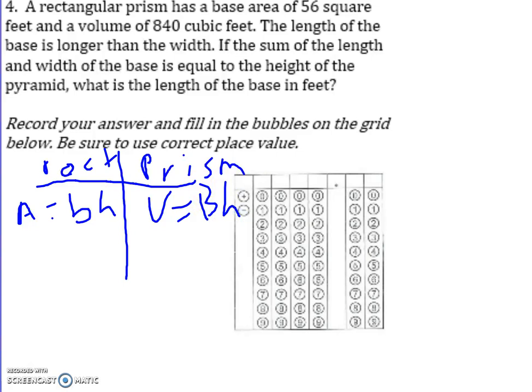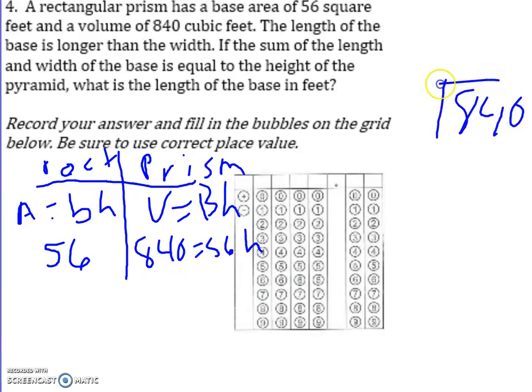So it says the base area is 56. So all of this is 56. And we have a volume of 840. So 840 equals 56 H. So we're going to do 840 divided by 56.